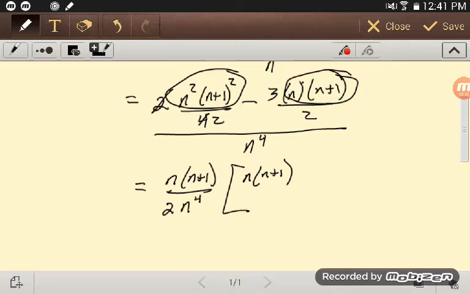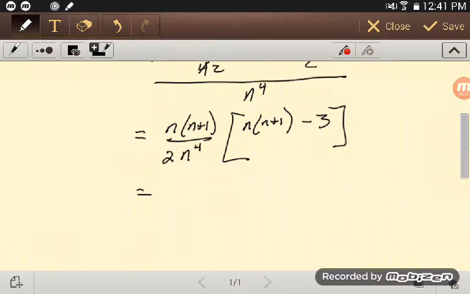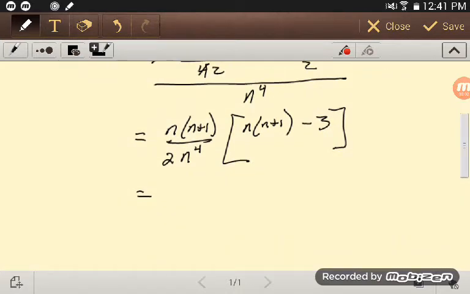And then in this term on the right, I'm just left with the minus 3. And so I can get rid of one of these n's here. So at this point I have n plus 1 over 2n cubed. And then on the inside I have n squared plus n minus 3.